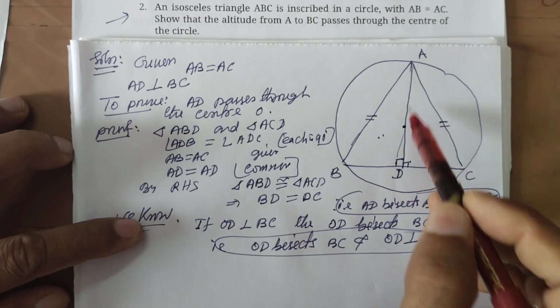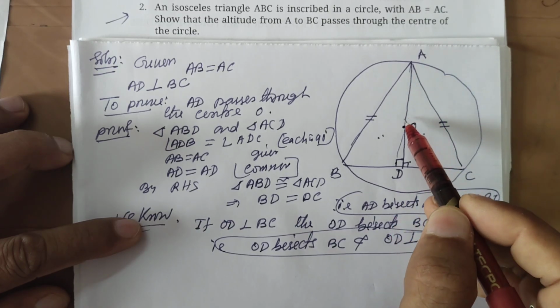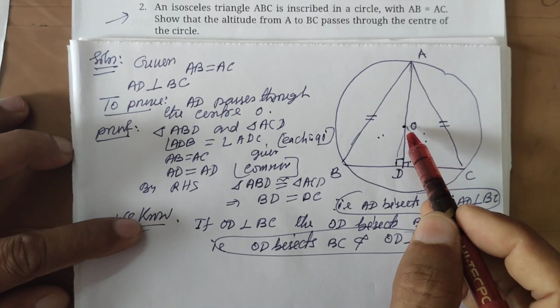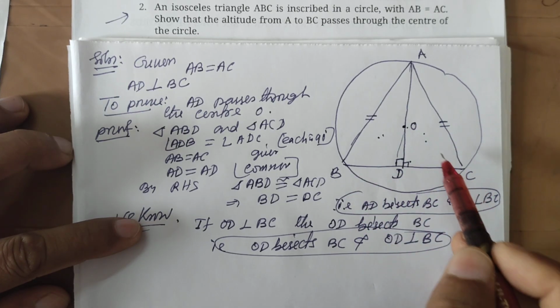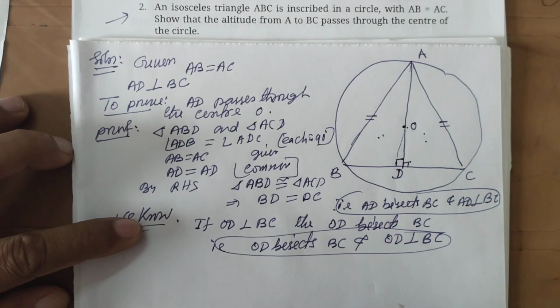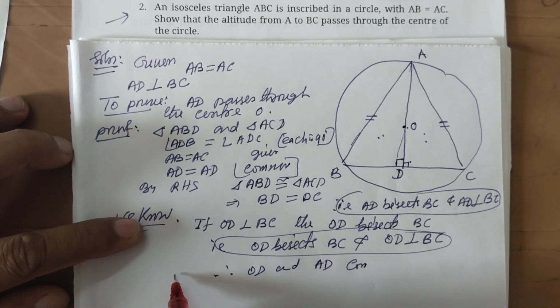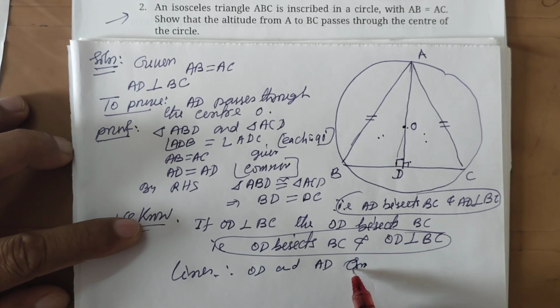So point O must be on the line AD, because AD is perpendicular to BC and bisects BC, and OD is also perpendicular to BC and bisects BC. So AD and OD must be the same line. Therefore OD and AD must coincide, must be the same line.